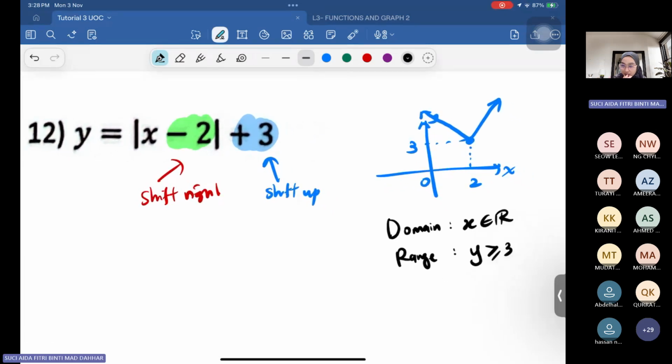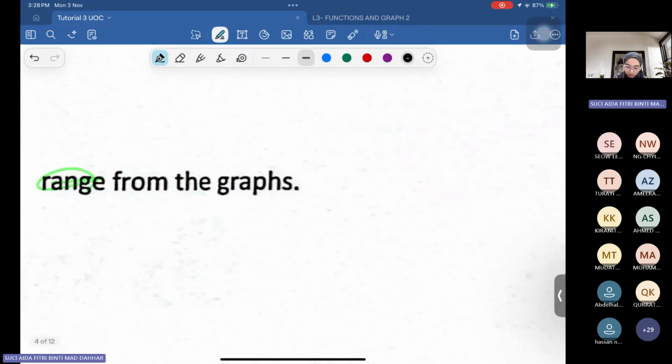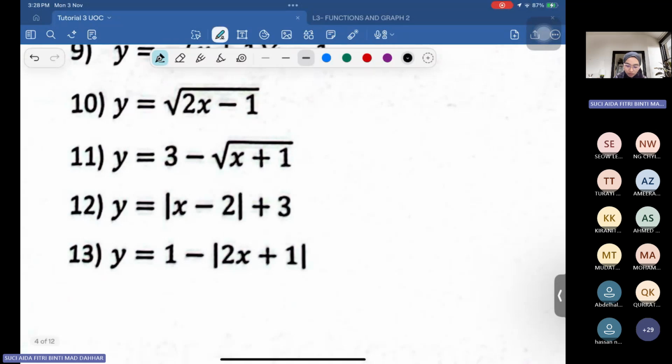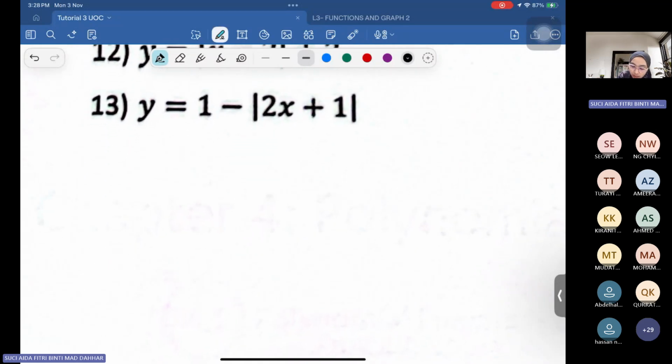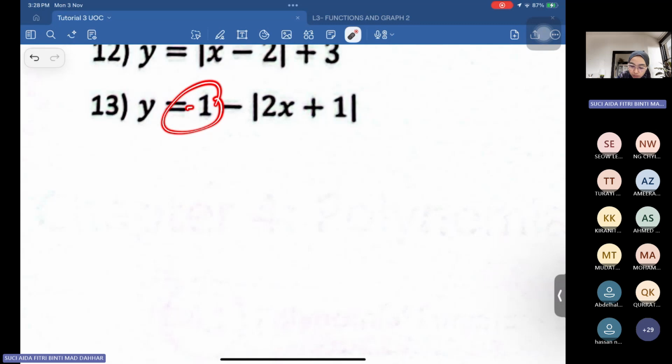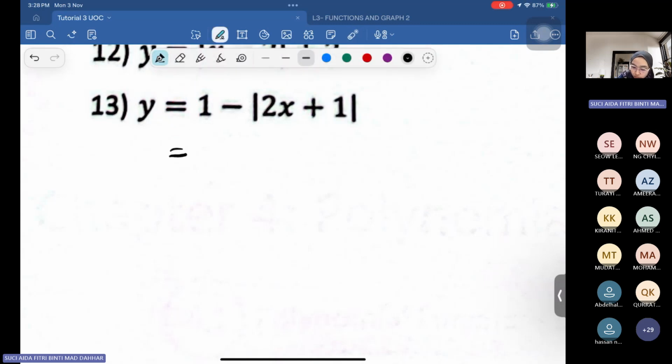Okay, that's modulus graph. Last one. Right? Finally. Okay, another modulus graph. But I would like to see this is actually +1, isn't it? So I'm going to put it at the back so that it doesn't confuse us. We're supposed to have negative of this modulus, +1 at the back.